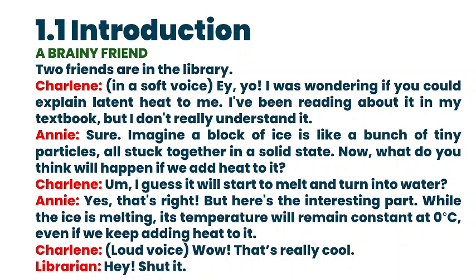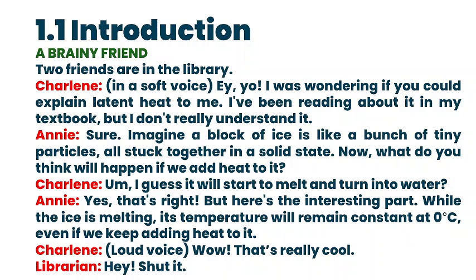A brainy friend. Two friends are in the library. Charlene, in a soft voice: Ayo, I was wondering if you could explain latent heat to me. I've been reading about it in my textbook, but I don't really understand it. Annie: Sure. Imagine a block of ice is like a bunch of tiny particles, all stuck together in a solid state. Now, what do you think will happen if we add heat to it?